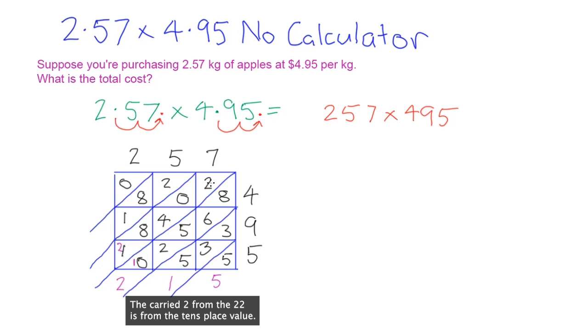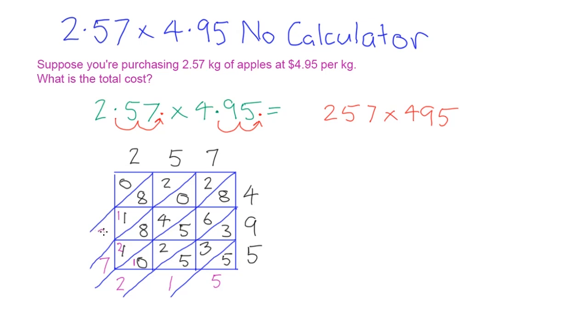So let's continue. 2 plus 4 is 6, plus 8 is 14, plus 1 is 15, plus another 2 is 17. So I put the 7 from the 17 and the 1 from the 17 up here. Then we add. 8 plus 2 is 10, plus 1 is 11, and plus the 1 I carried is 12. You put the 2 from the 12 there, and you carry the 1 in the next diagonal.